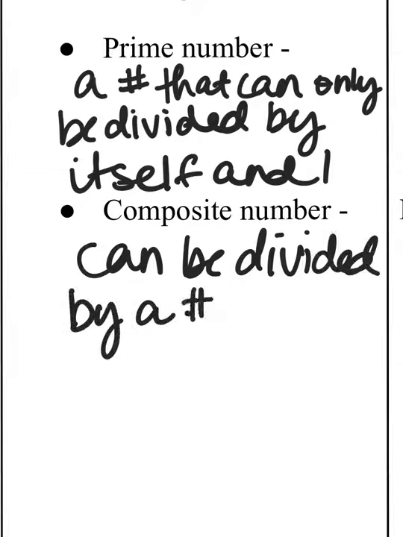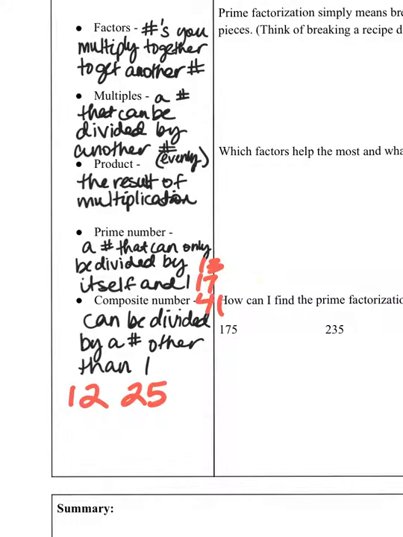An example of some prime numbers would be, let's put some in here, 17, 13, those are prime numbers. You can't divide them by anything else. 41, okay? Composite numbers, anything that can be cut in half. So 12, 25. Most numbers are composite numbers, okay?